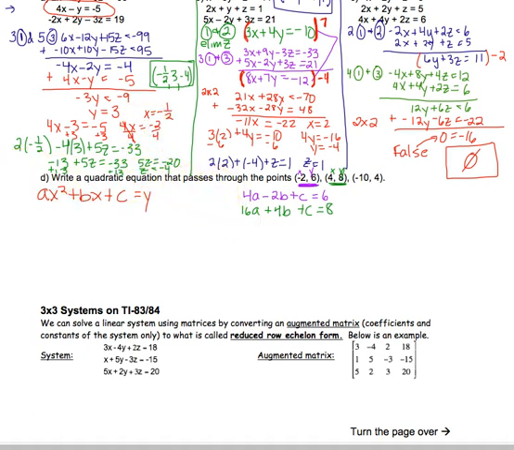Then finally, I'm going to use blue for this point. So here's my x, here's my y. -10 squared is 100, so that gives me 100a. And then minus 10b, and then plus c equals my y, which is 4.